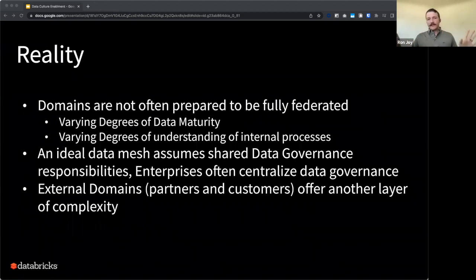So there are all kinds of varying degrees of data maturity, whether that comes from the people, the process, or various other pieces of how organizations work. And then we have various degrees of understanding of the internal processes, which is also incredibly important here, right? Are all of your internal processes published to a degree that everybody knows how to get what where? Does everybody know where the data catalog is?